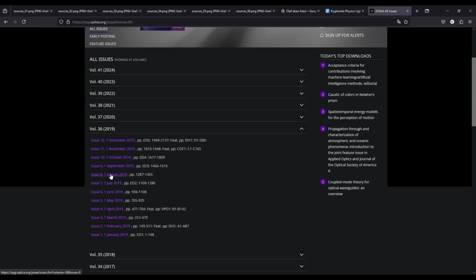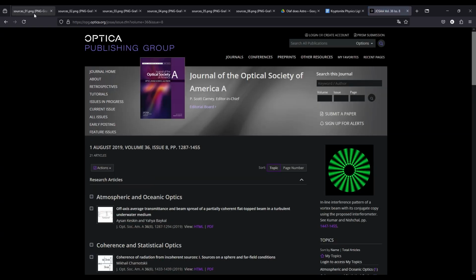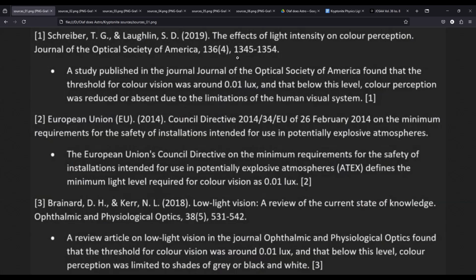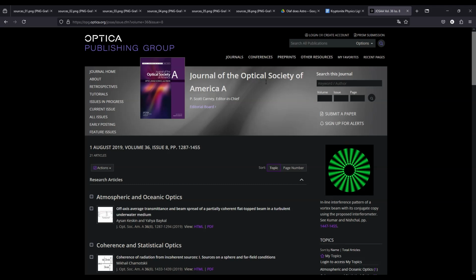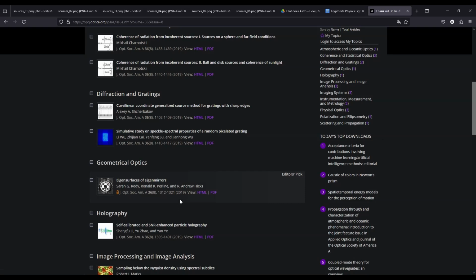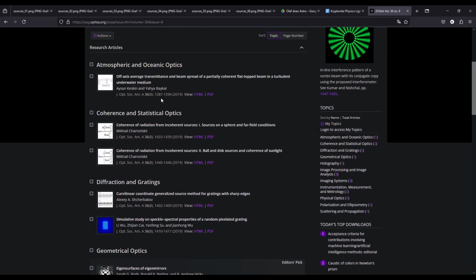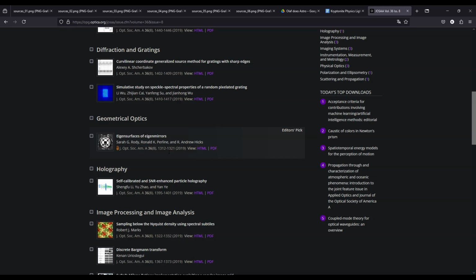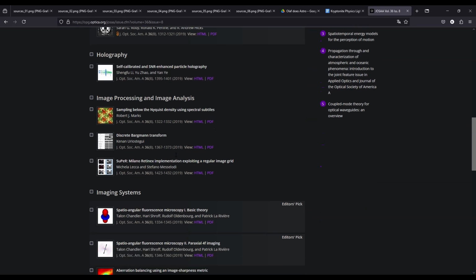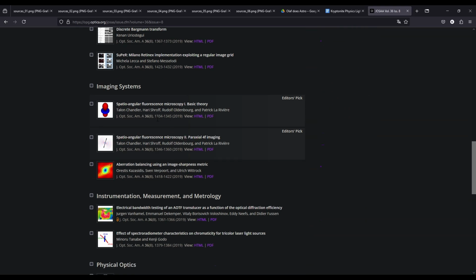So I looked decidedly for the pages, right? The pages here clearly say 1345 to 1354. Maybe he got the volume and the issue wrong, so it's 36 and 136, but the pages were correct, right? Maybe. Well, if you look at the page numbers here, unfortunately they are not sorted for some reason, so you have to look through them a little.